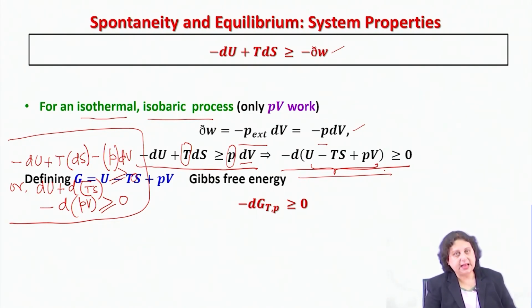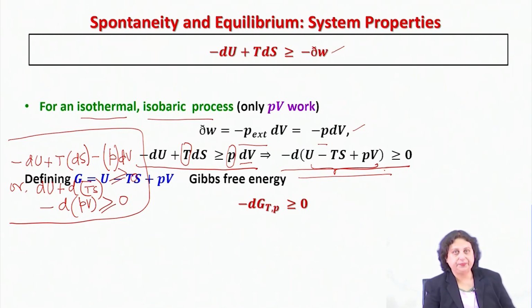Or it means that as the system passes from its initial equilibrium state to its final equilibrium state, it will go in that direction spontaneously, with which there is a lowering of the Gibbs free energy, and it will stop when dG_TP is equal to 0, or in other words, we have hit a minimum value of the Gibbs free energy.